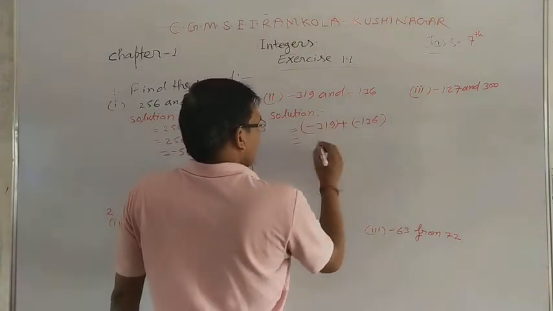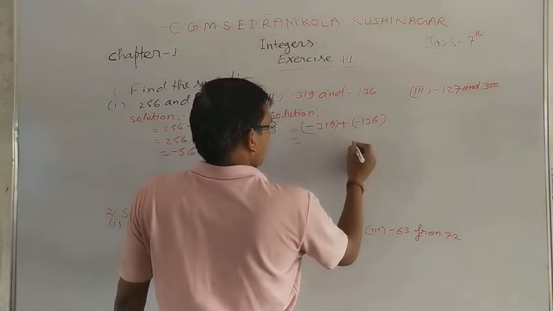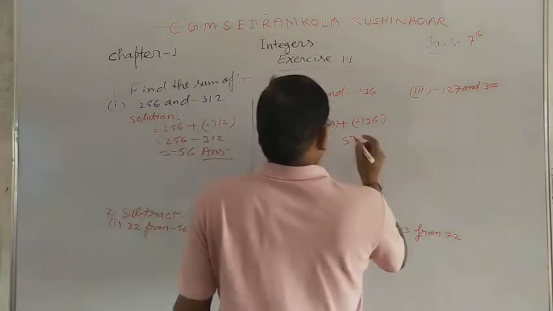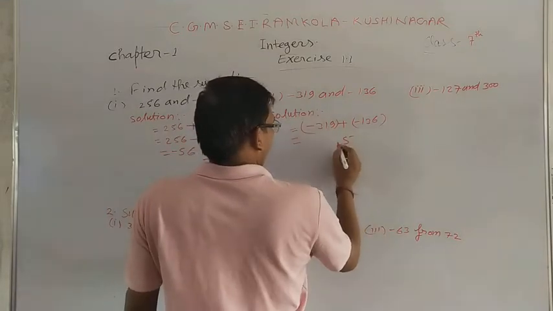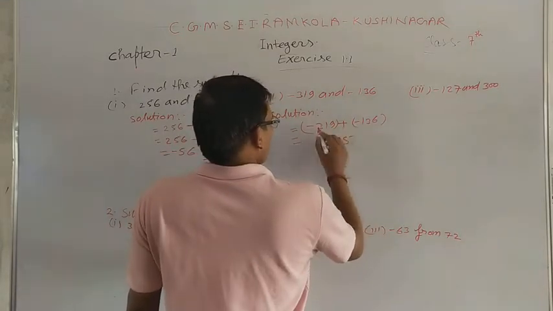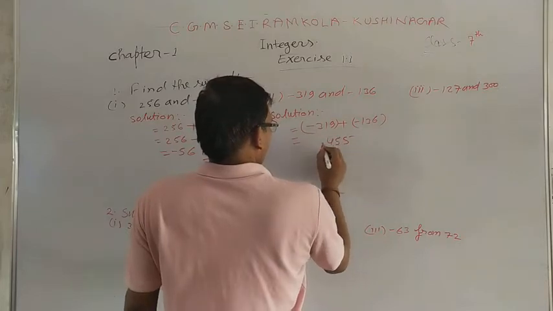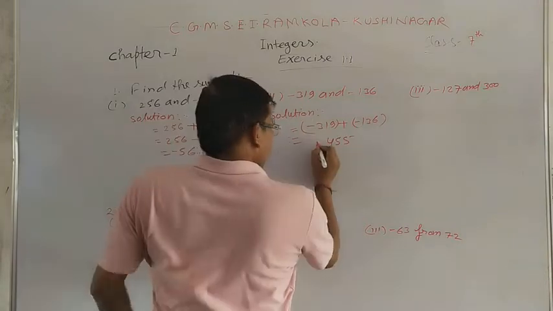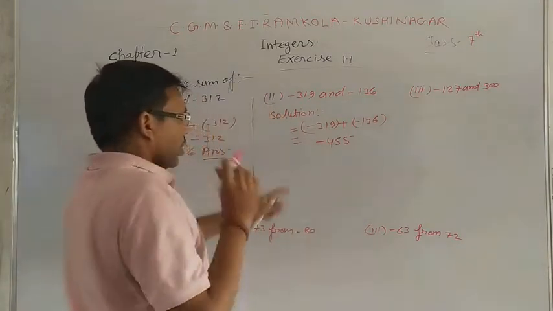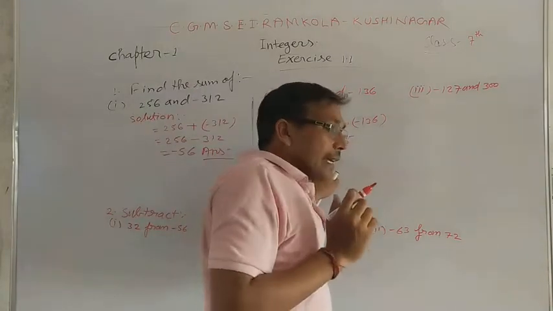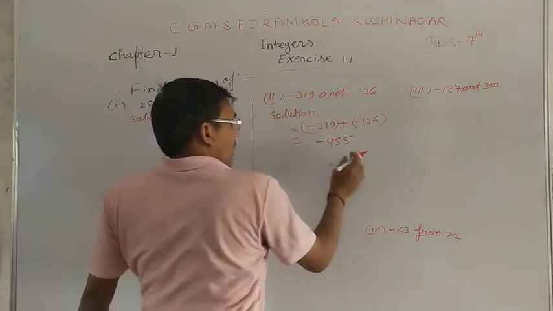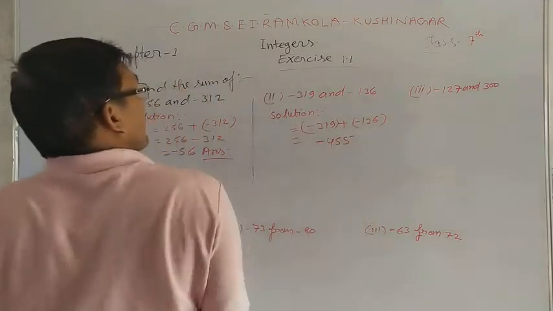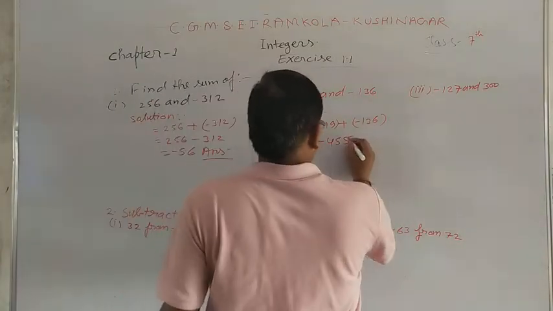So like this, 9 and 6 is 15, 5 and 1 carry, 3 and 1 is 4 and carry 5, 5 is... 3 and 1 is 4. Here 455, but the negative sign is compulsory, because both the integers are negative. So in the solution of the addition, the minus sign is necessary to write.